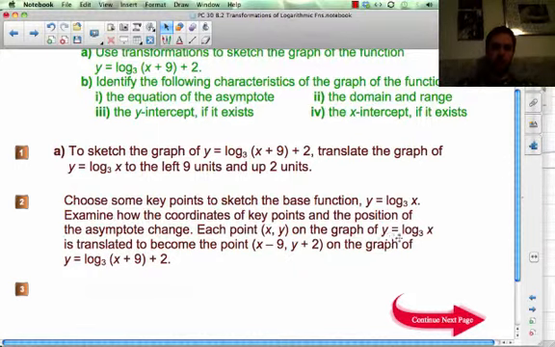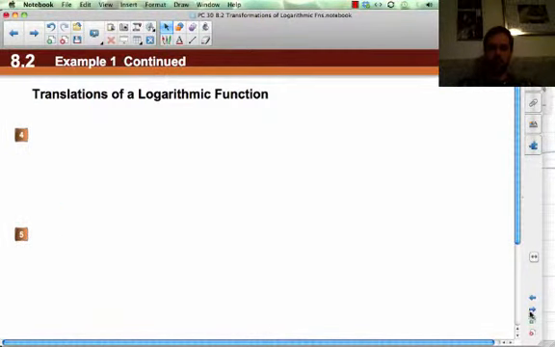Each point (x, y) on the graph is translated to become (x - 9, y + 2). So we're only applying a horizontal shift, 9 left, and a vertical shift, 2 up, to every single point that we choose from the original graph. So in mapping notation, it looks like that. Fairly straightforward.